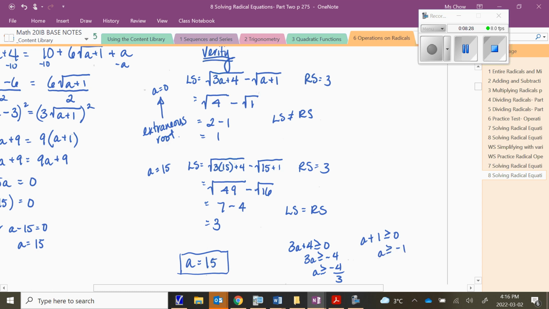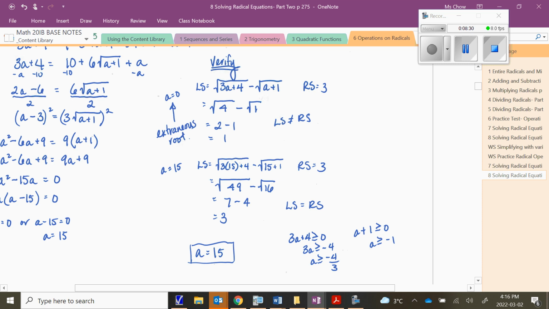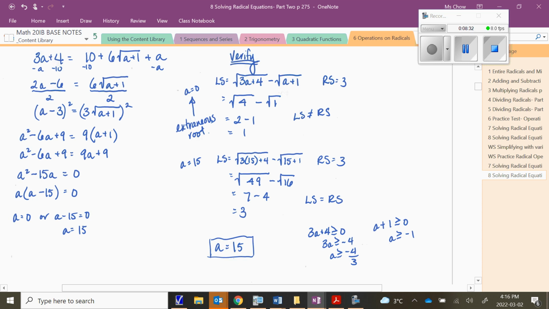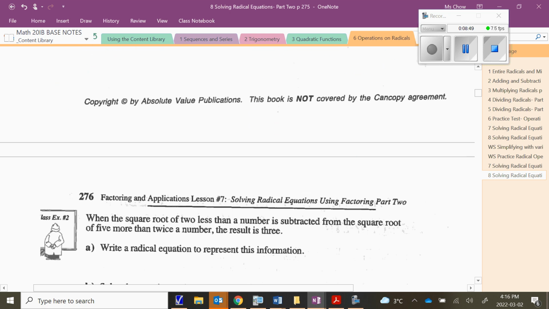And so you can see both 0 and 15, those two solutions that we found from solving, actually satisfied both of our restrictions. And it was actually the verification that was then able to catch the fact that one of those was an extraneous root. So a equals 15 is our only solution.